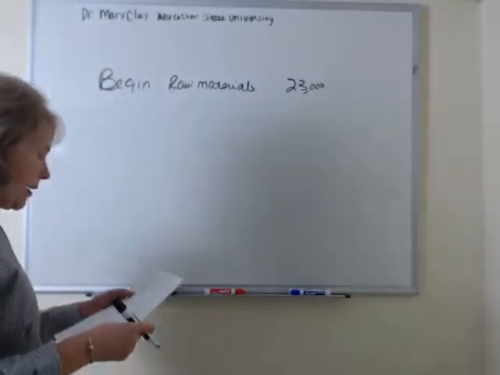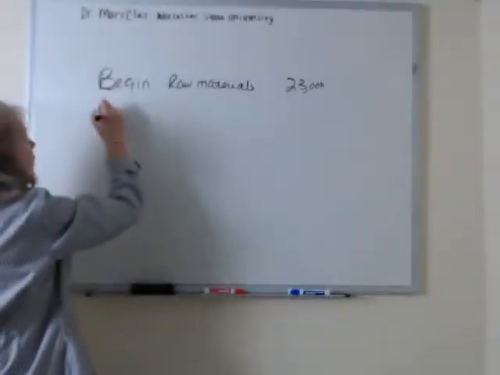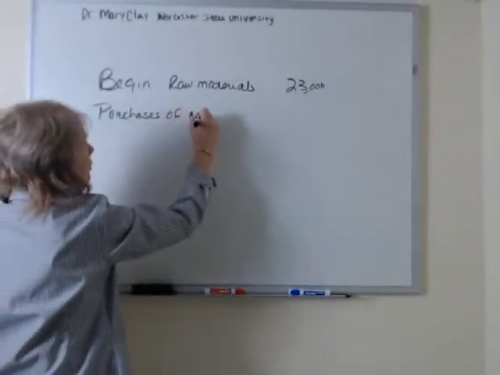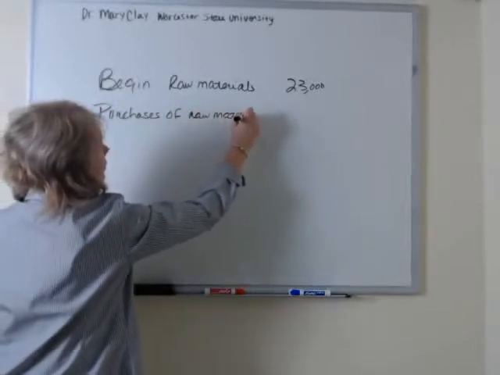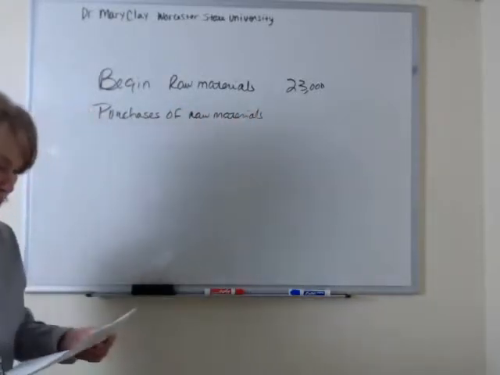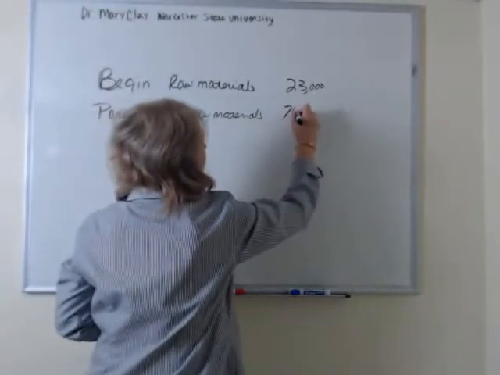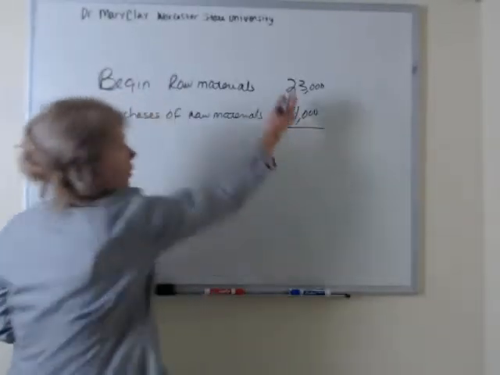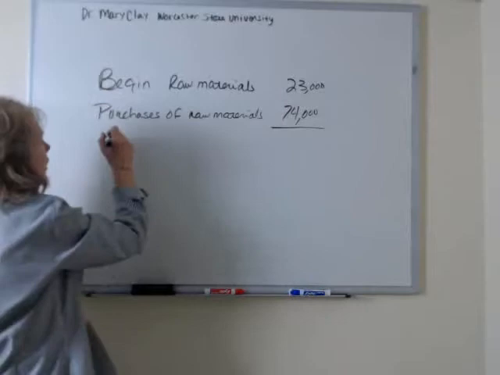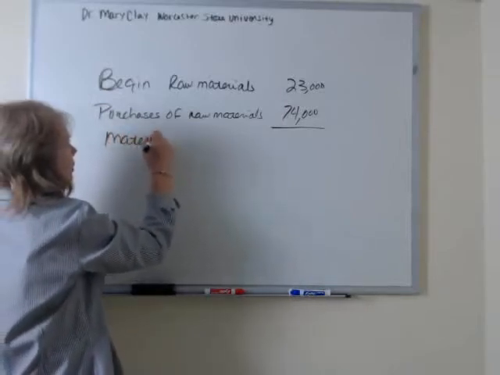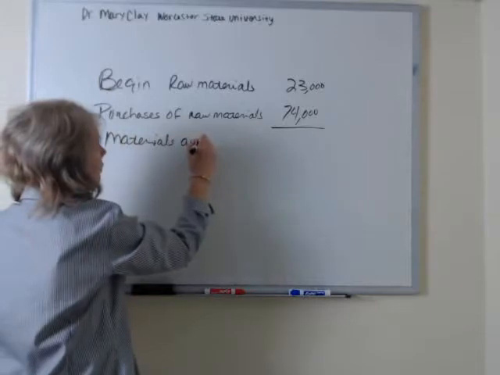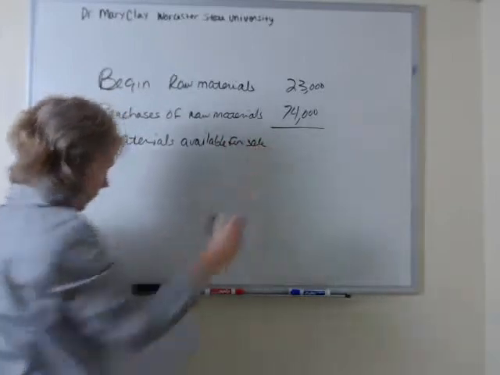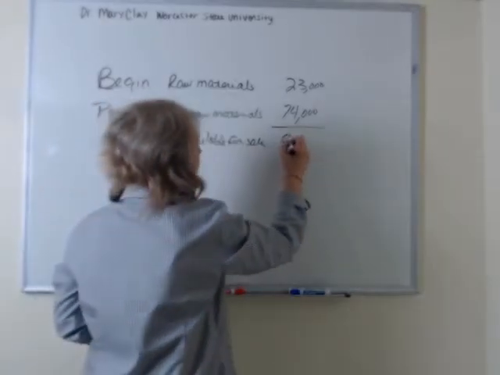Next I'm going to add purchases of raw materials, and that's 74,000. Just add those two, and that will give me my materials available for sale, which is 97,000.